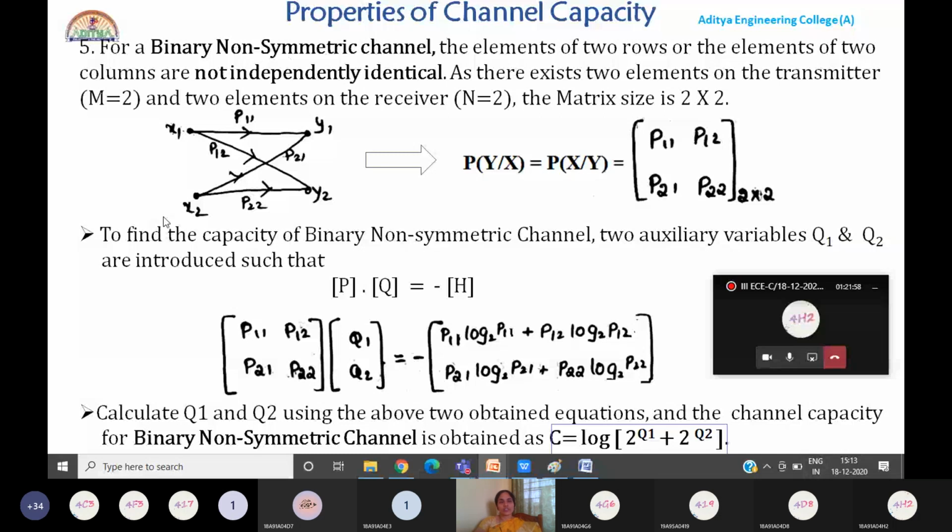So 4 probabilities are defined for the following paths: x1 y1, x1 y2, x2 y1, x2 y2. So this is a binary non-symmetric channel. It's shown in the figure.